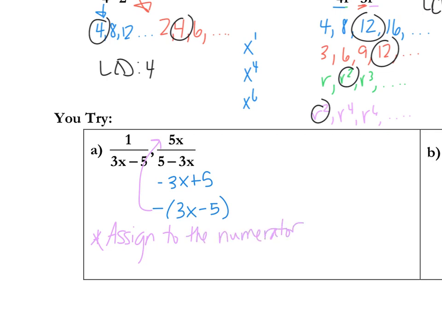Okay. And now you have the same denominator of just 3x minus 5. So be very careful of those denominators not being in descending order. And then you can just take the negative out, assign it to the numerator, and voila, you have the same denominator. All right, let's go to the next page.